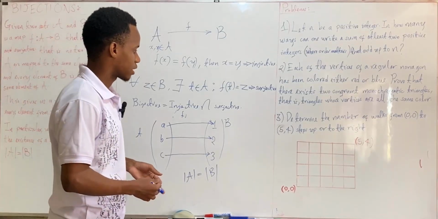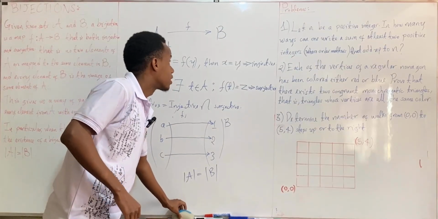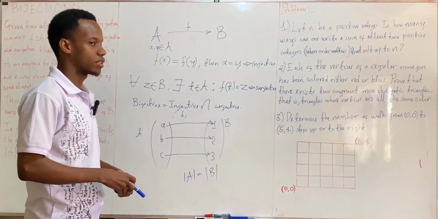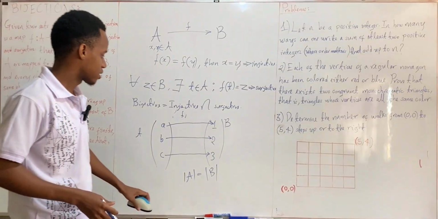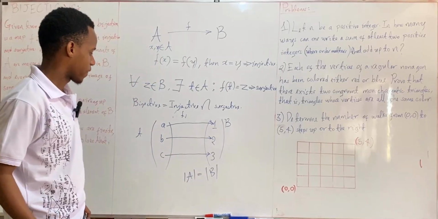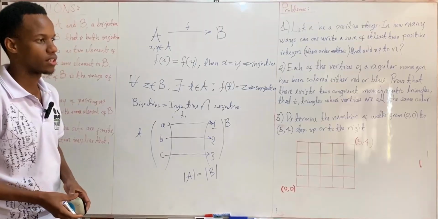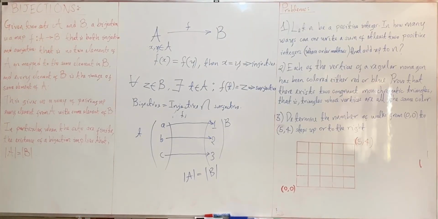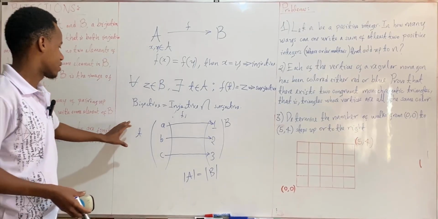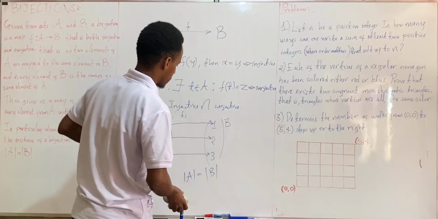Now, whenever we encounter an elementary combinatorics problem, usually the sets involved are finite sets. So whenever you find a bijective function between two sets, you will have that the size of A has to be equal to the size of B. So this is what we'll be concerned about today, and we will use this theory to solve some of the problems that I have listed here.